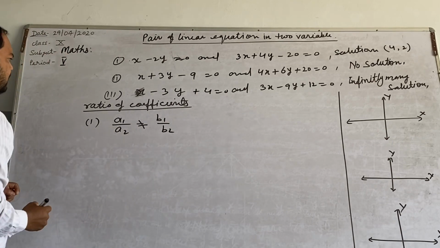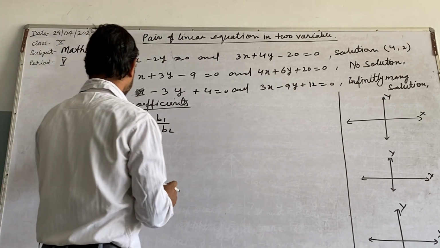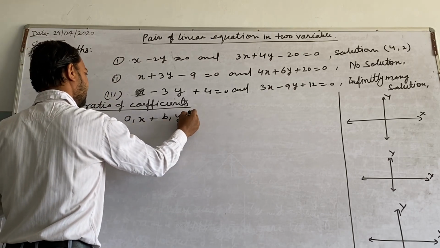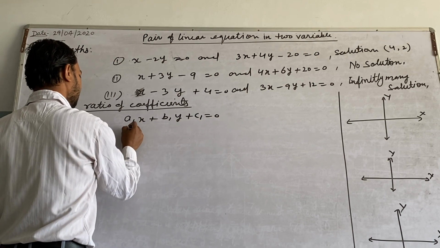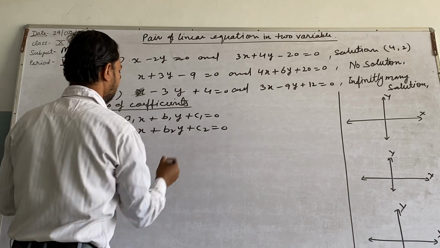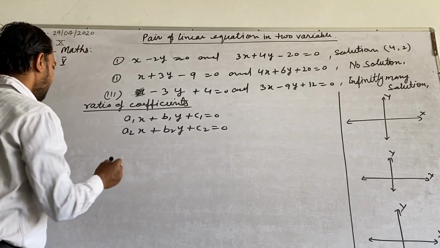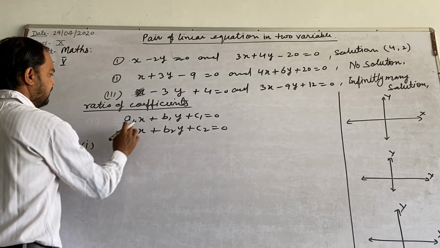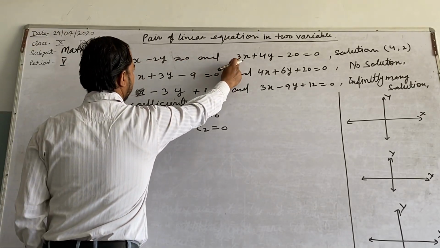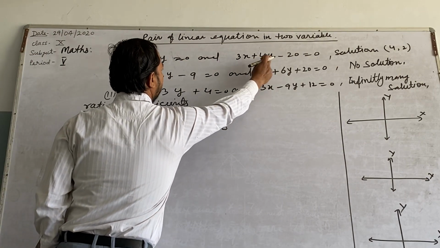What is a1, a2? See here, the standard form of a linear equation is a1x plus b1y plus c1 equal to 0, and a2x plus b2y plus c2 equal to 0. These are the standard forms of a pair of linear equations. So we will find a result with the help of this. This is a1, b1 and c1, a2, b2 and c2.